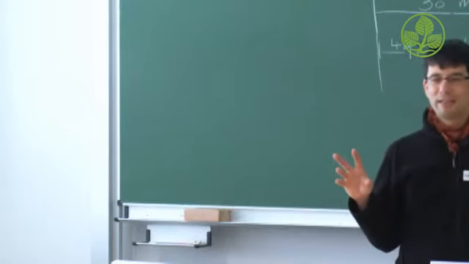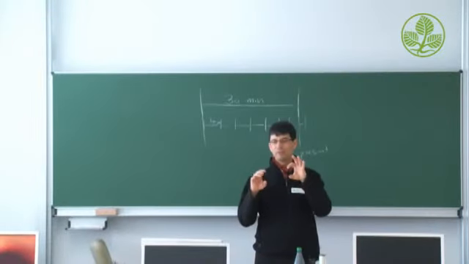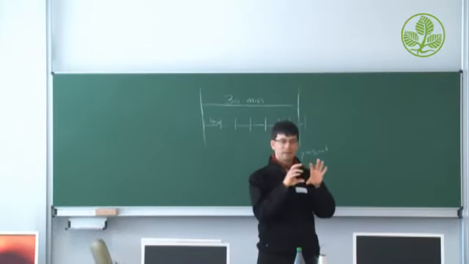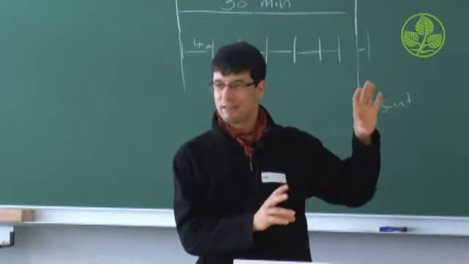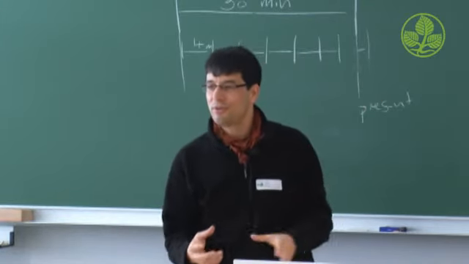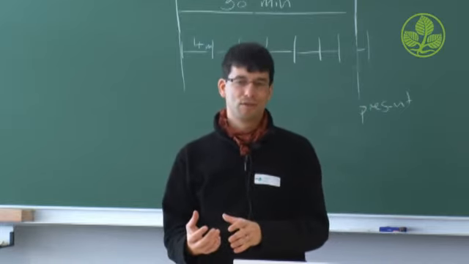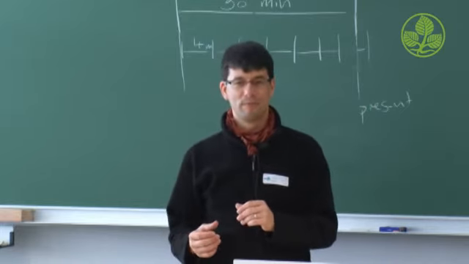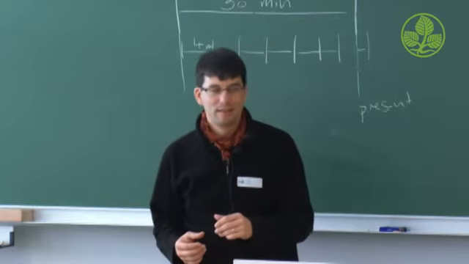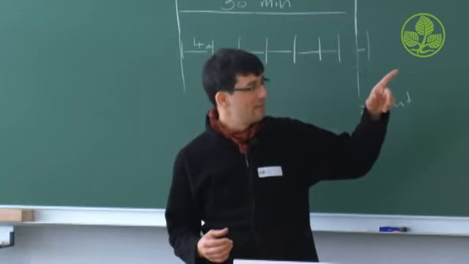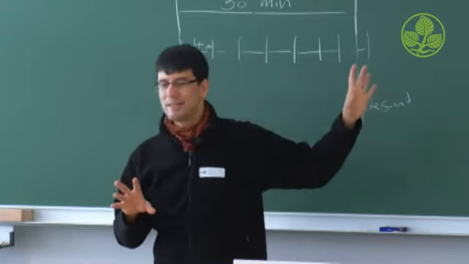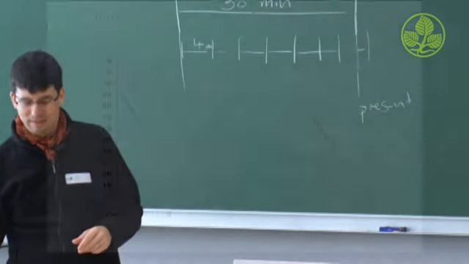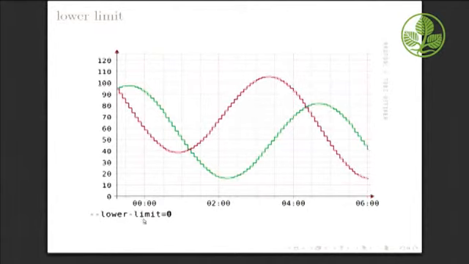RRDtool graph gives you a lot of options to tune it and to take tight control of how the presentation of your graph looks. But if you don't tune it and if you don't take control, then it'll try to do something sensible. That's why, in this case, I didn't specify anything except for the lower limit, and obviously the instructions to pick the data and draw the lines, but I didn't tell it how it should do any of the scaling.